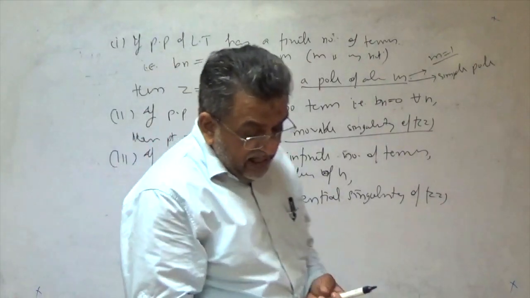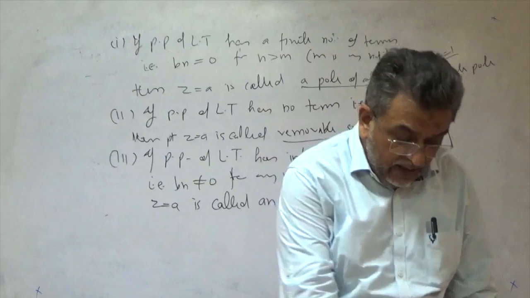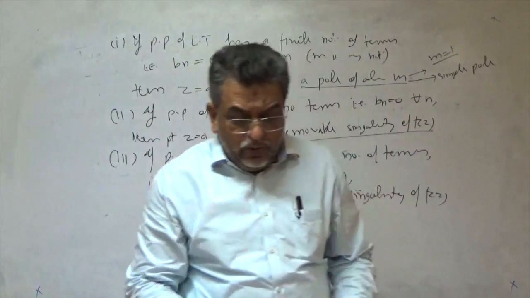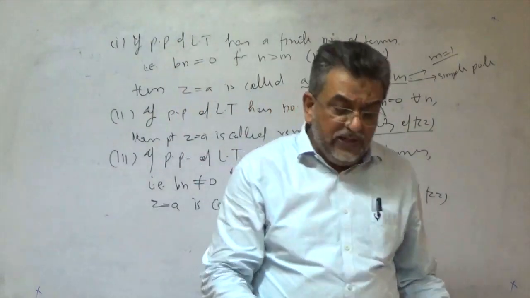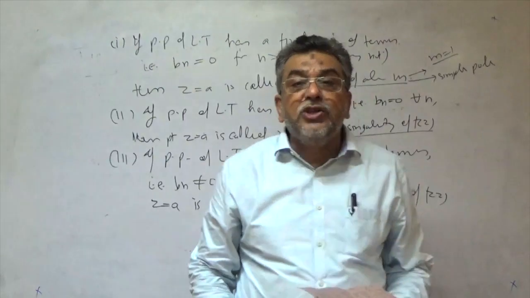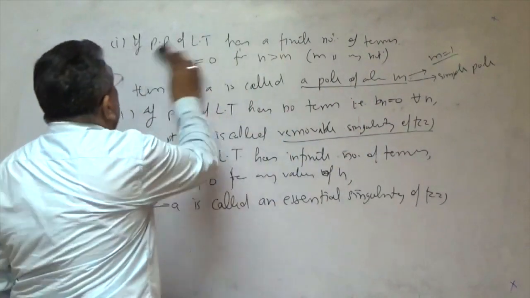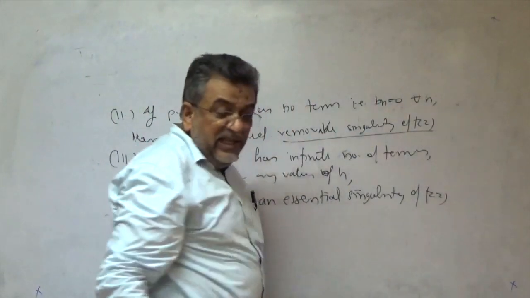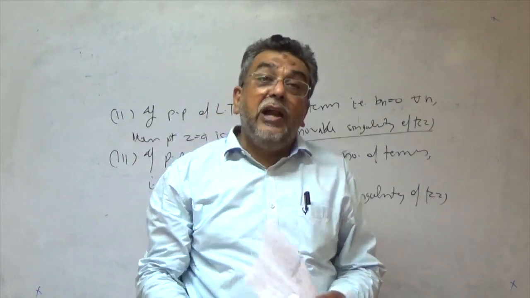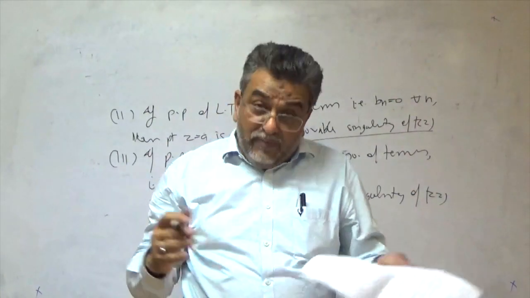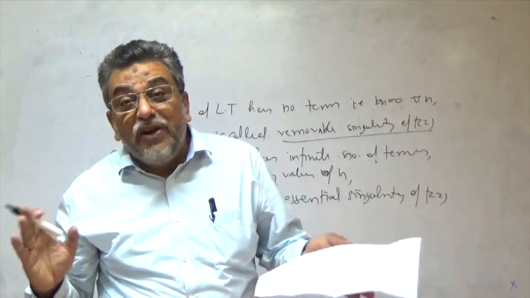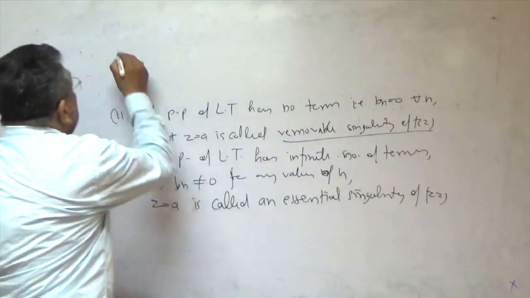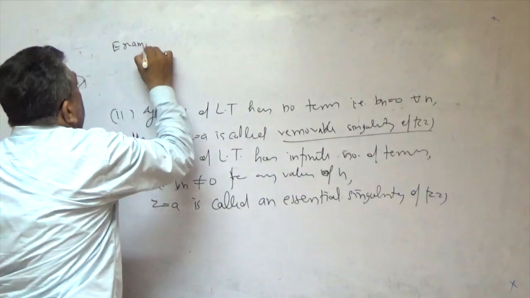Now, first I will take examples of these. Simple numerical examples, by which you can better understand the basic differences and the basic concepts of the singularities, right? And then I will proceed to how you can define these types of singularities with the help of calculus, because this chapter is namely calculus of residue, and then I will define what is residue.